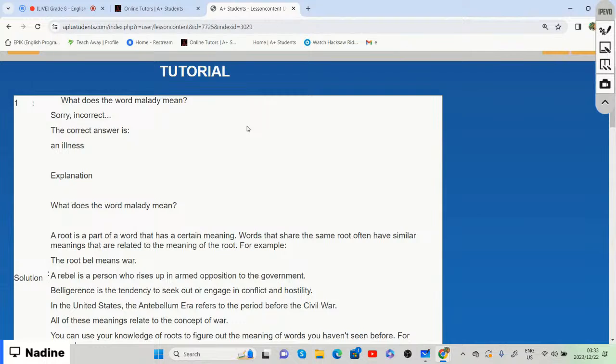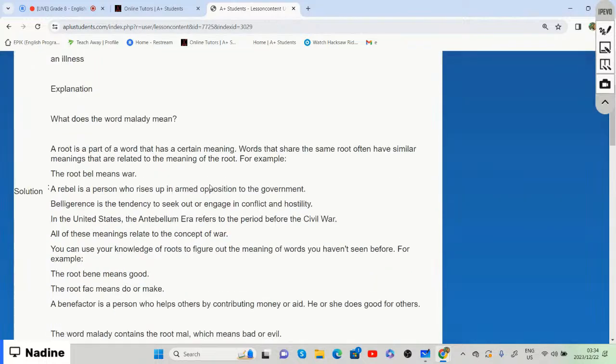And if we look at the word malady, then malady means almost like an illness, a disease, or an ailment that someone has. But definitely it means that the person has a serious problem or illness or disease.